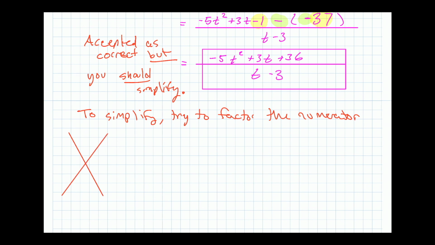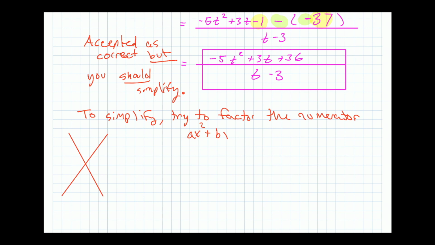When you're trying to factor ax squared plus bx plus c, what you do is multiply the a and the c together, and you have the b down there, and put those in this little picture here.